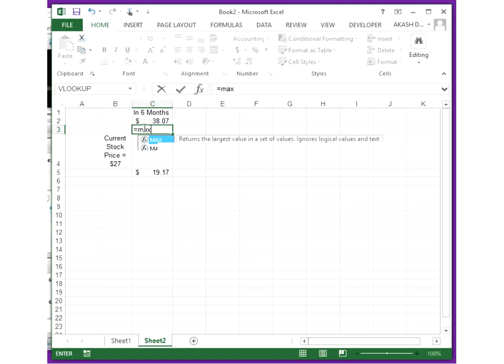This is going to be max of the price of the up factor, which is going to be 27 multiplied by 1.41, either the 0 or 27 multiplied by 1.41, and then minus the strike price.